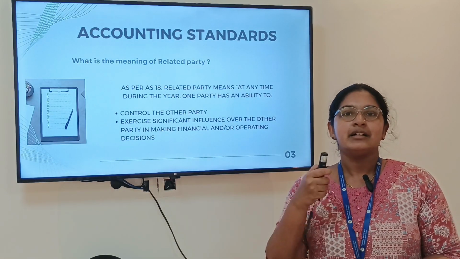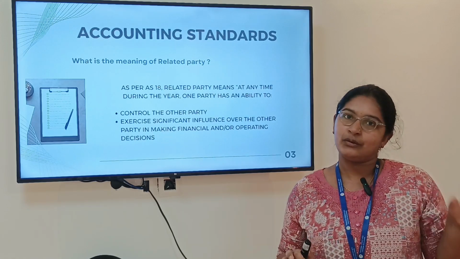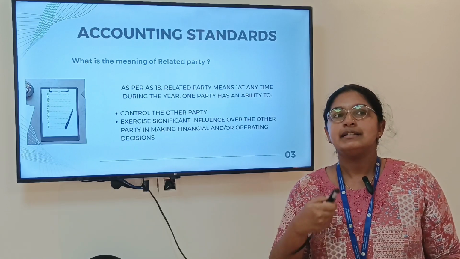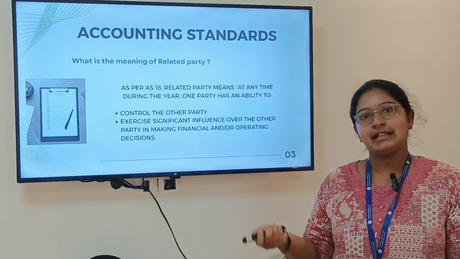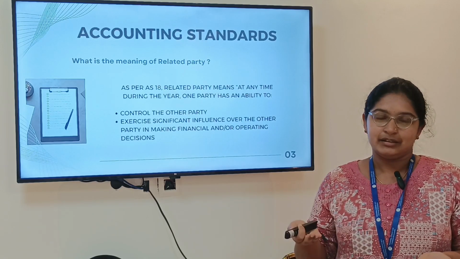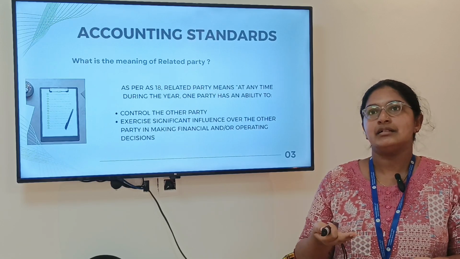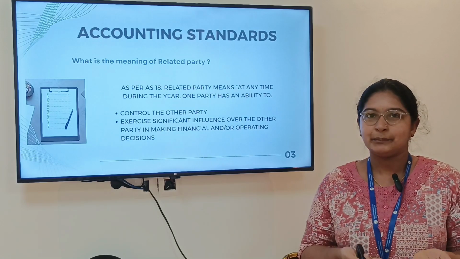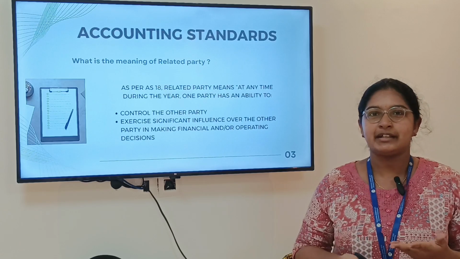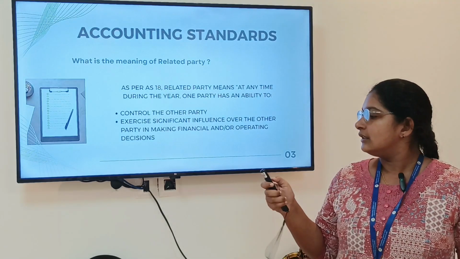Related parties means the entity which has significant influence over other entities, or the entity which has control over the other entities. Control means 50% of the voting power. Significant influence means subsidiary companies, holding companies and associate companies all come under significant influence.